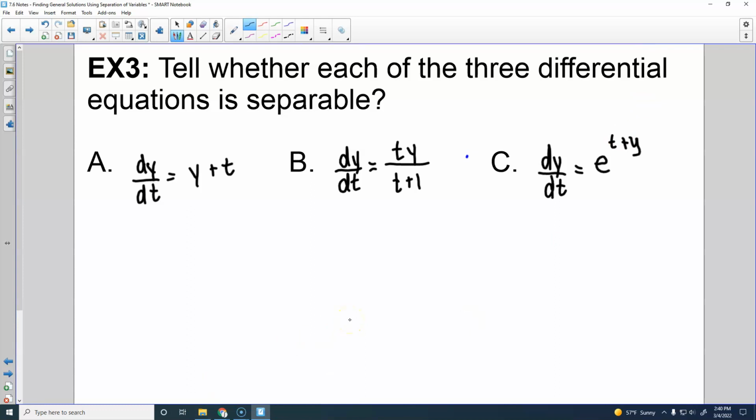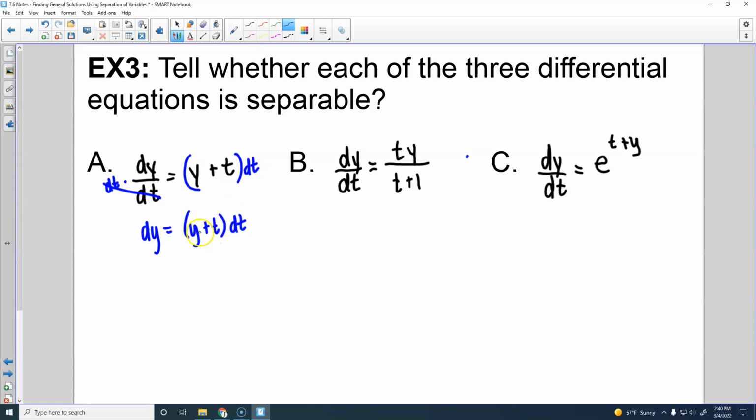So, okay, for A, if I tried to separate here, I would need to multiply both sides by dt because you can't have the dt in the denominator. So I've got dy equals y plus t dt.